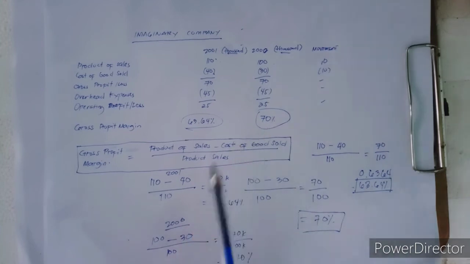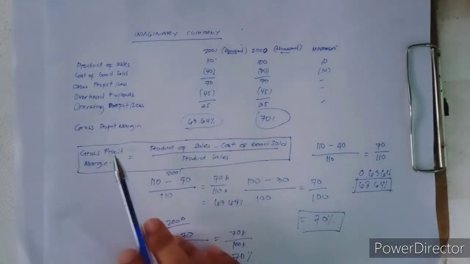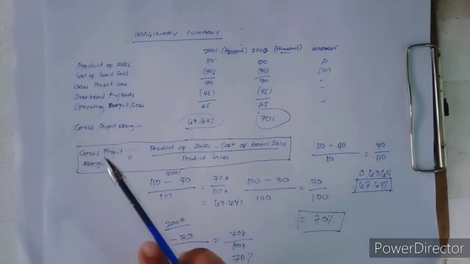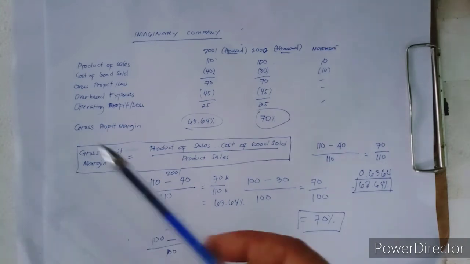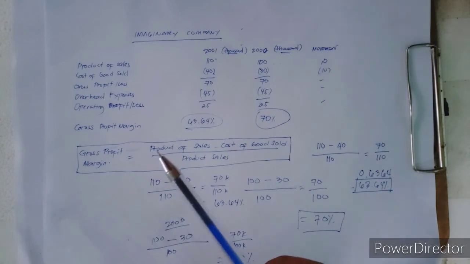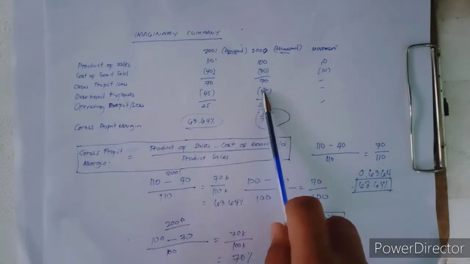So what can we learn from all of this? Well, our sales have increased, there's no doubt. It increased by 10,000 pesos. But our gross profit has remained exactly the same, 70,000.